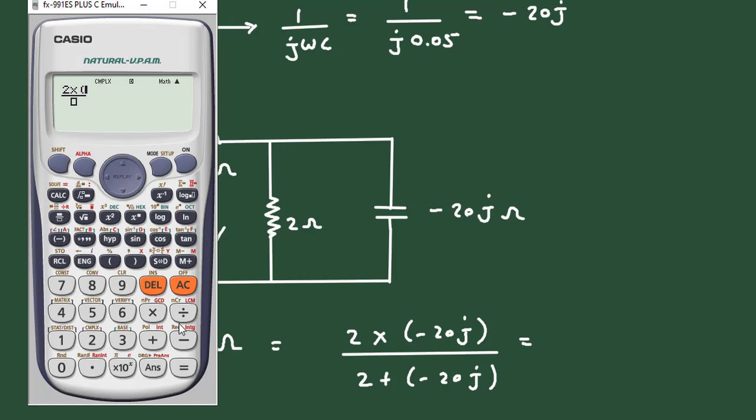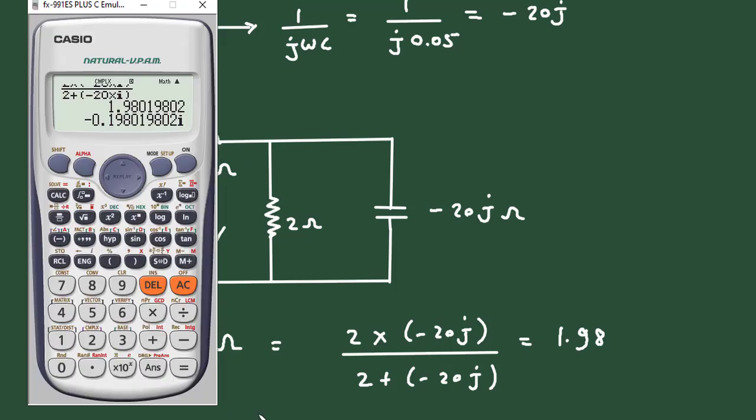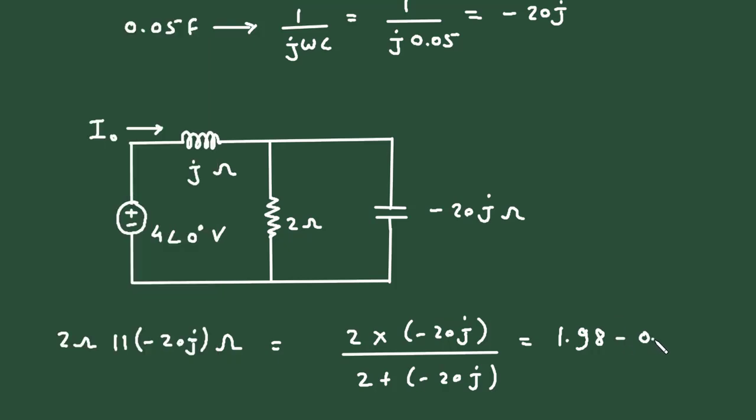So 2 into minus 20j divided by 2 plus minus 20j. So this is equal to 1.98 minus 0.198j.